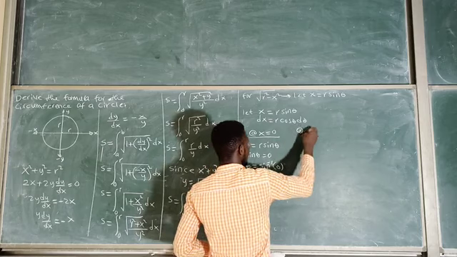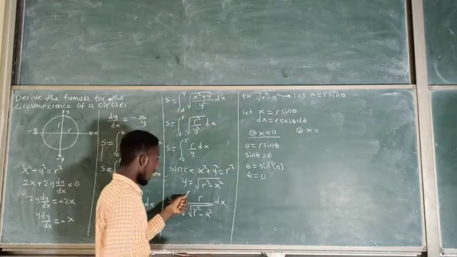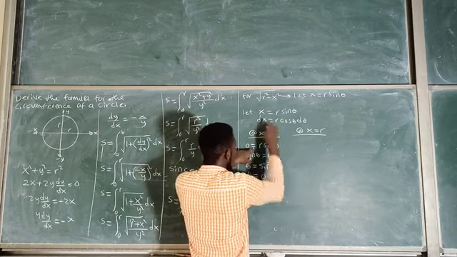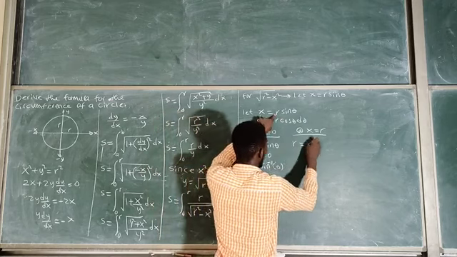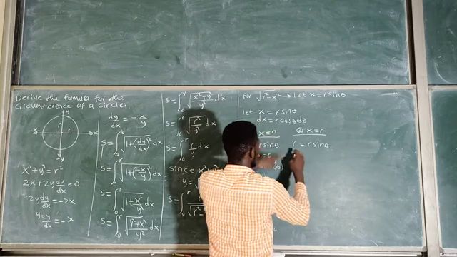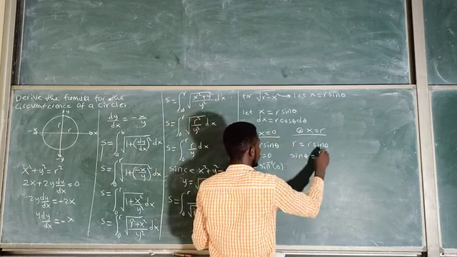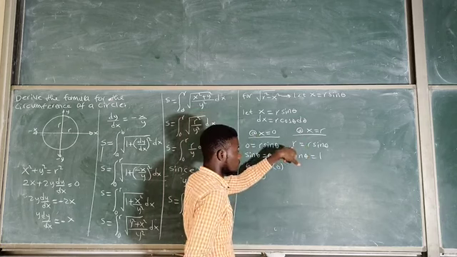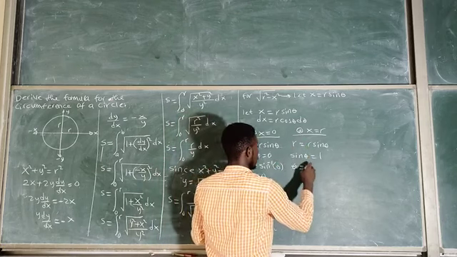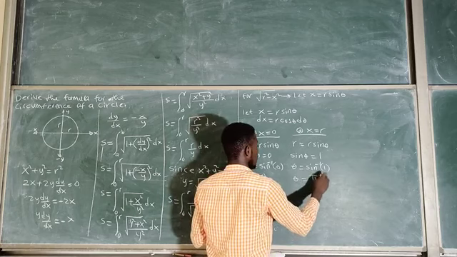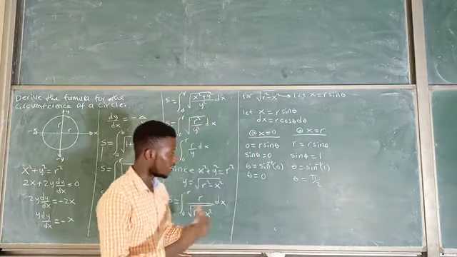And at the time x is r, for the upper bound, we just have r equal to r sin theta. Dividing both sides by r, we have sin theta equal to 1, because r over r is just 1. And theta will be equal to sin inverse of 1, and sin inverse of 1 is pi by 2, or 90 degrees.